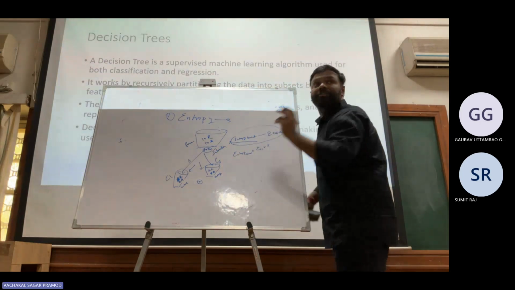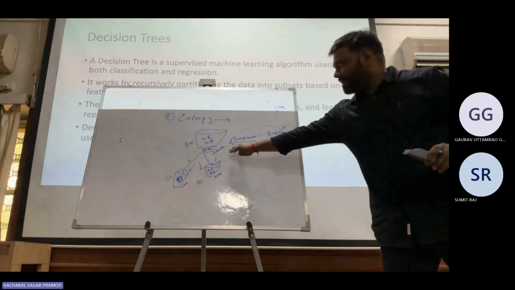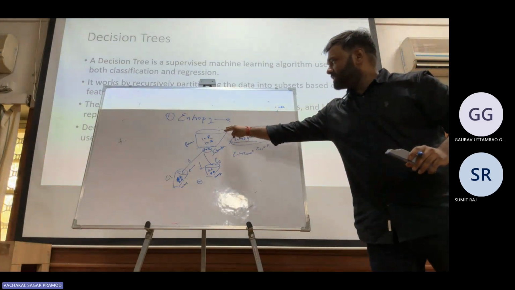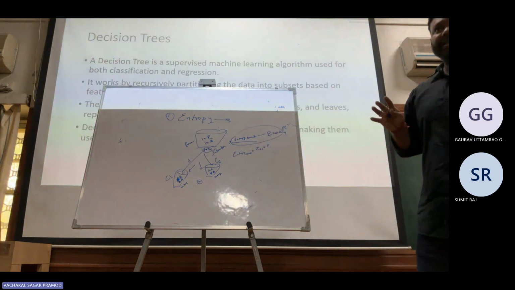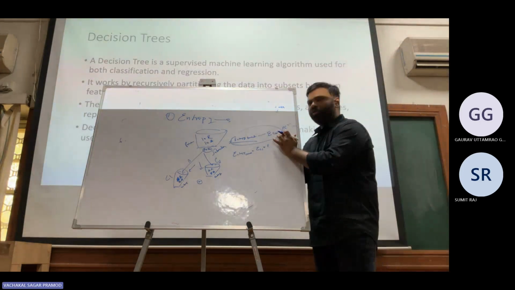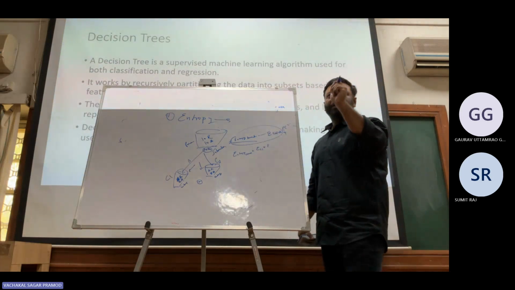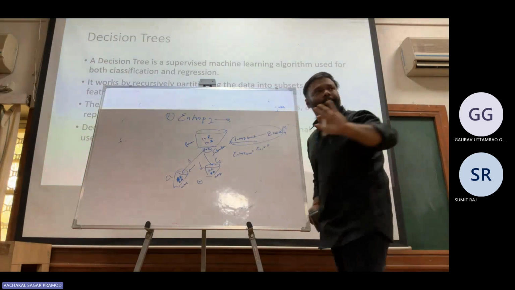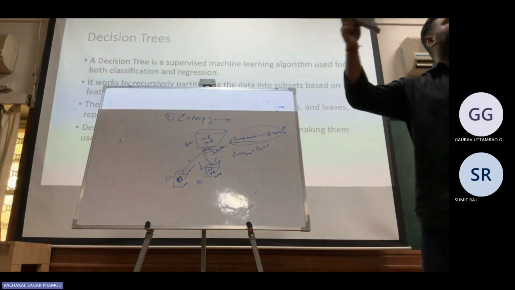So my goal is to have nodes such that my information gain remains higher. The idea is simple: my child impurities have to be lesser. If your decision-taking node is able to make the buckets separate, you have already reduced the noise, and you can gain more information.